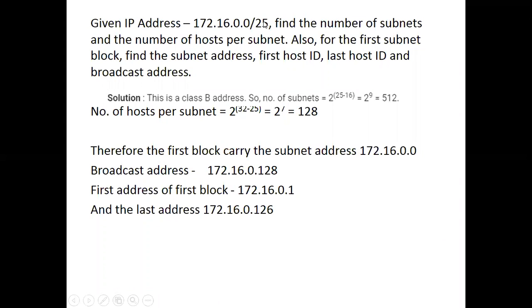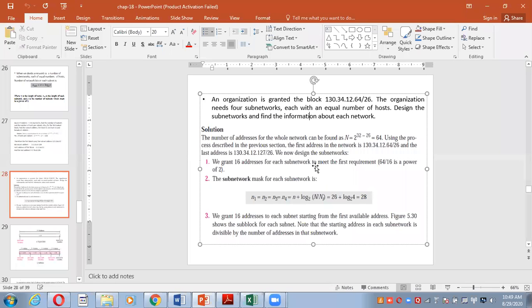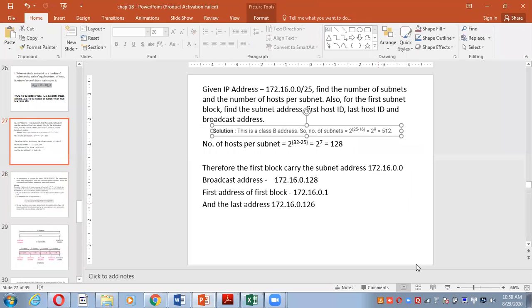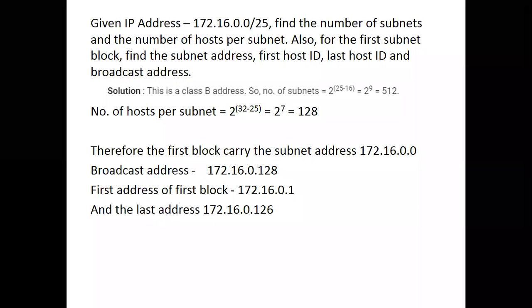The number of network bits in the given network is 25. So 32 minus 25, 2 raised to 7. That means you have 128 IP addresses in the network. This way you can have 128 machines in each network.